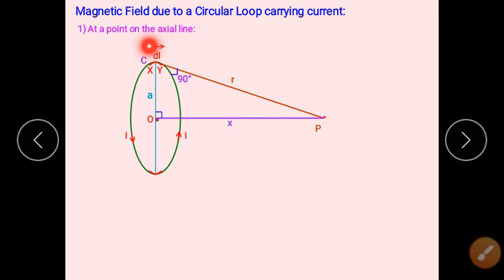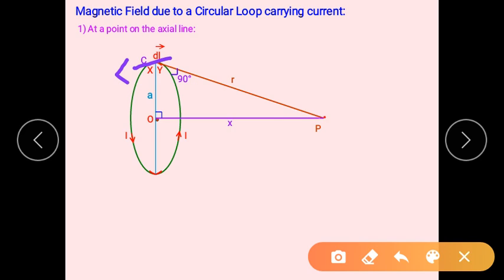Therefore here the current is coming out of the plane. Therefore the direction of dl for the current element xy will be out of the plane. Actually it is out of the plane because the circular loop is kept in a perpendicular direction. So you imagine a loop kept in a perpendicular direction, and on the top you imagine a small current element. You can see what will be the direction of that small element dl.